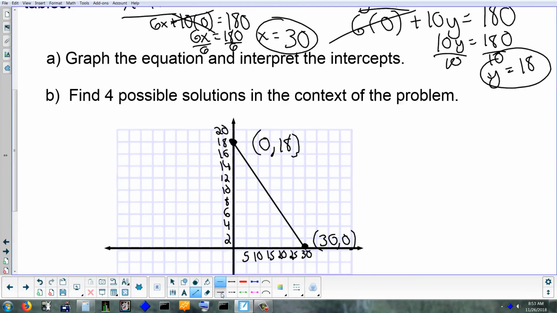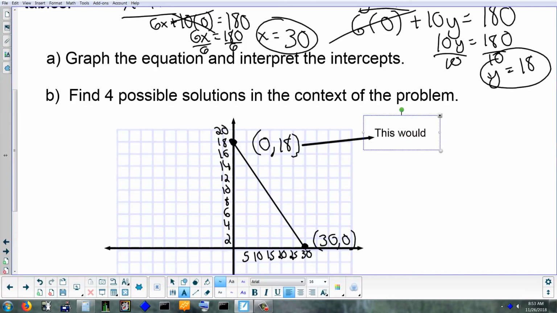Okay. But what did y represent in the problem? Oh, y represented large tables and x represented the smaller tables. Mm-hmm. So my mistake is right. This would mean having what? 18 large tables. And having 30 smaller tables.